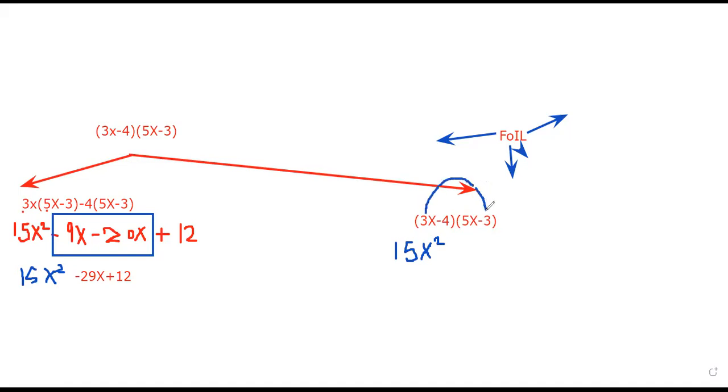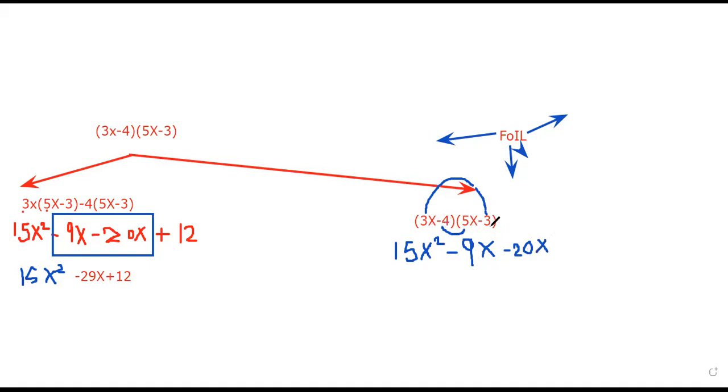So this is the outer term. 3x multiplied by negative 3 will be negative 9x. Then we will multiply the inner. Negative 4 times 5 will be negative 20x. Don't forget the variable, 20x.